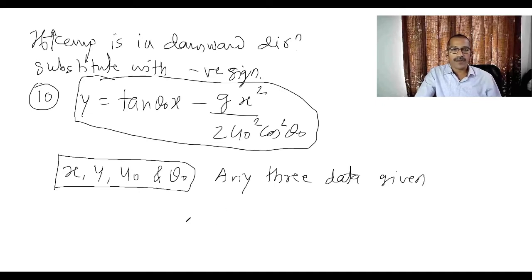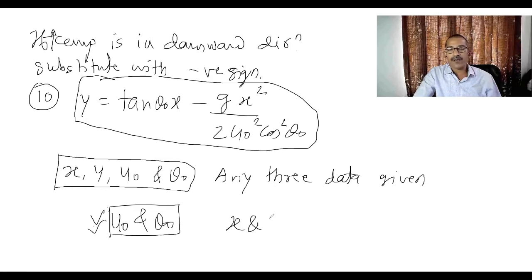Sometimes u0 is given and theta 0 is given. Now u0 and theta 0 are known, x and y unknown. But maybe there are chances where some relation between x and y is given.